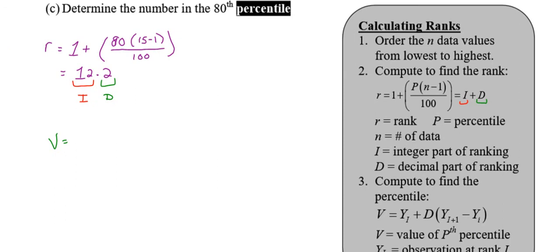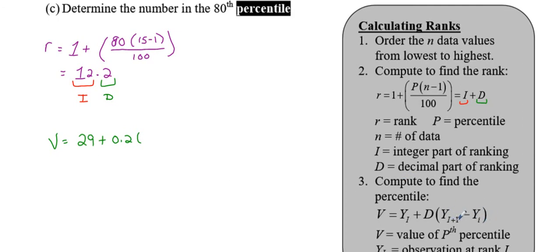So y of I is equal to 29, plus D, which is 0.2, times y of I plus 1 minus y of I.